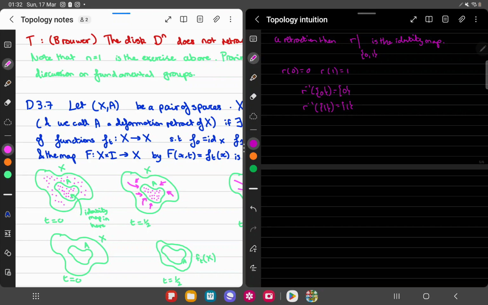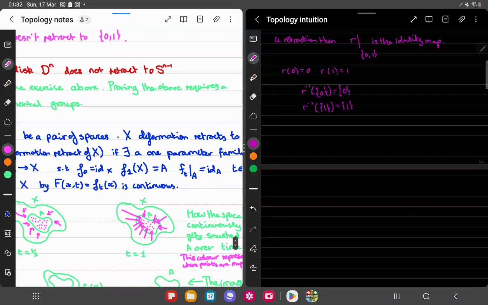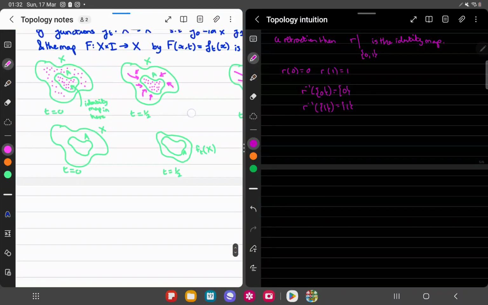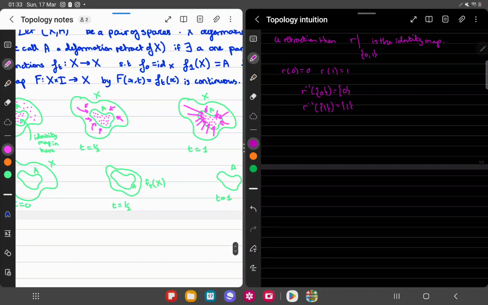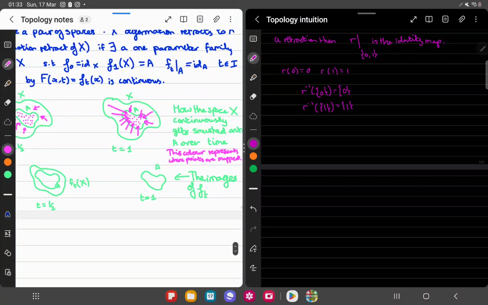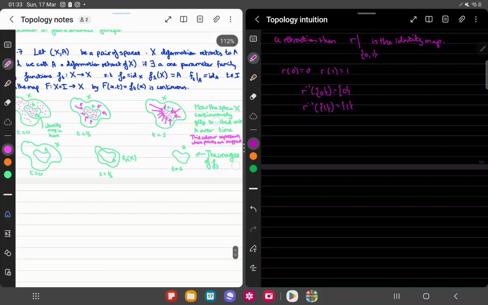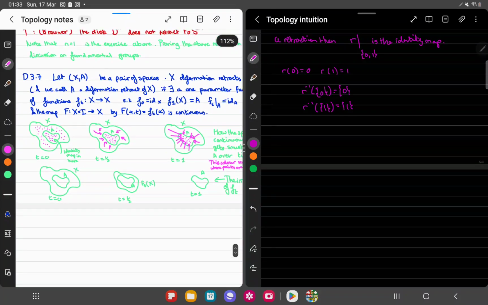It gets smushed a little bit more, and then it gets properly smushed onto A. And if you look at the images of ft over time, you start off with everything as usual. You collapse it a little bit smaller, and then its image ends up being A. So it's like a slow, steady collapse of the space X onto A.